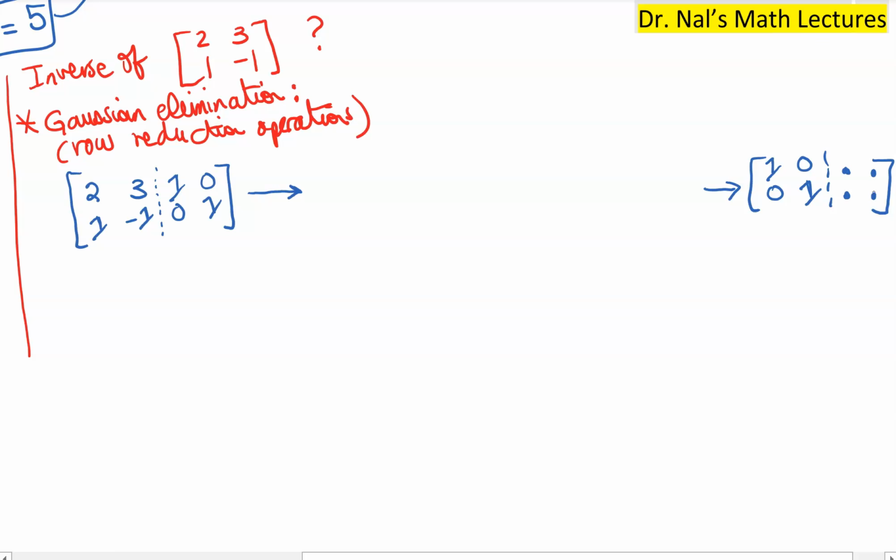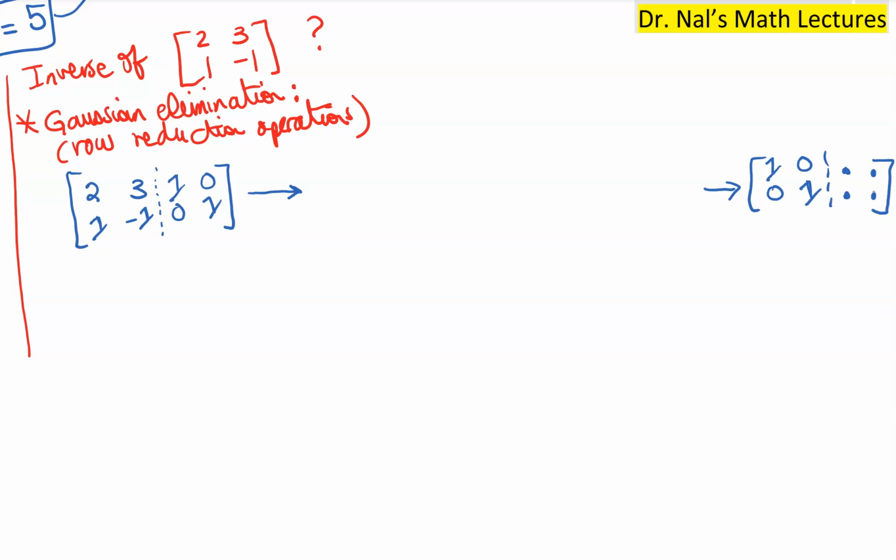Just to clarify, the inverse of an n by n matrix will end up being an n by n matrix again, and only square matrices will have inverses. Square matrix is a matrix whose number of rows and columns are equal, basically. All right, so let's do it.